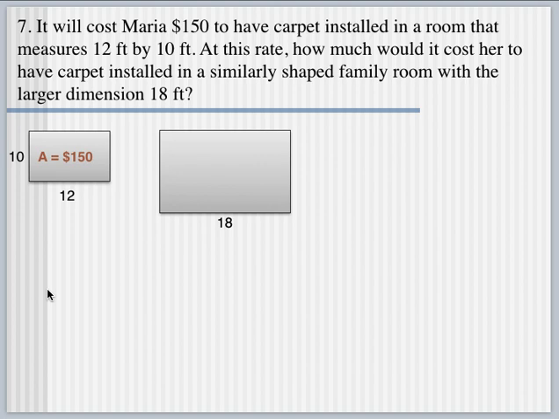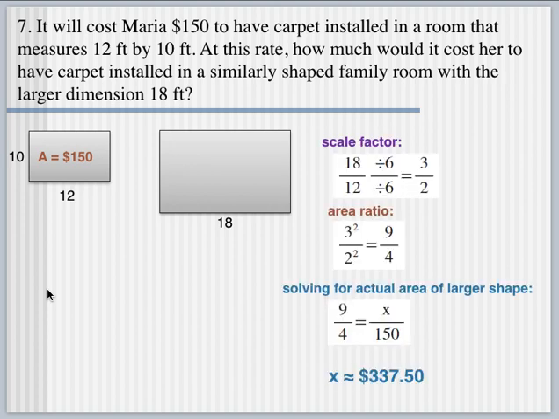Now you can see how it's a lot like question 6. Go ahead and make your scale factor, square it to make your area ratio, set up your proportion, and cross multiply to solve. Pause the video until you're done. So you take the two corresponding sides you have to make your scale factor.